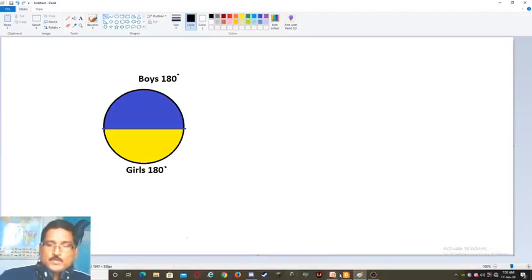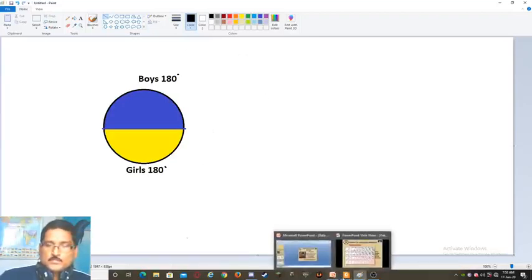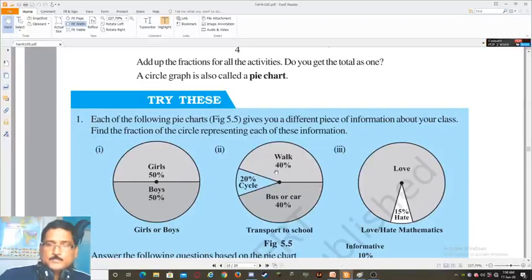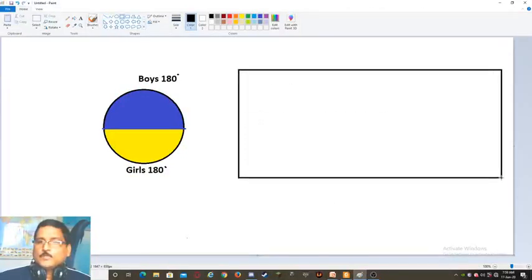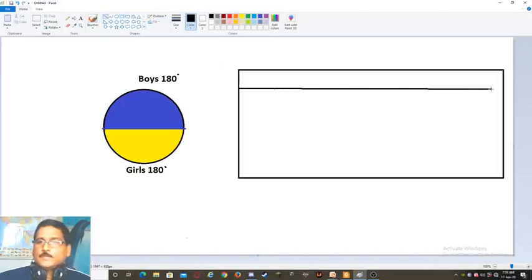Okay, now what was that question? Walking percentage. How can you write down transport of school, walking? For this we have to perform that activity. I'm just doing it. Just see, for this I have to draw a rectangular box. Clear? Now divide it this way.